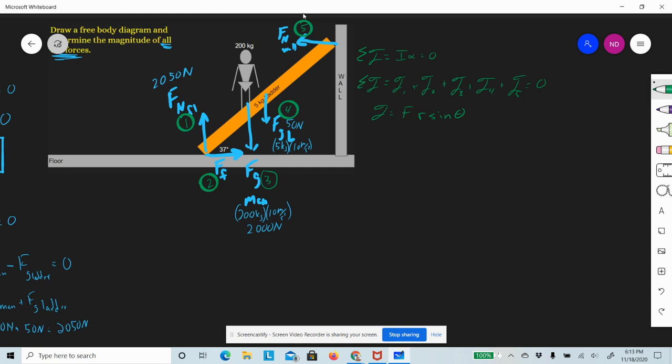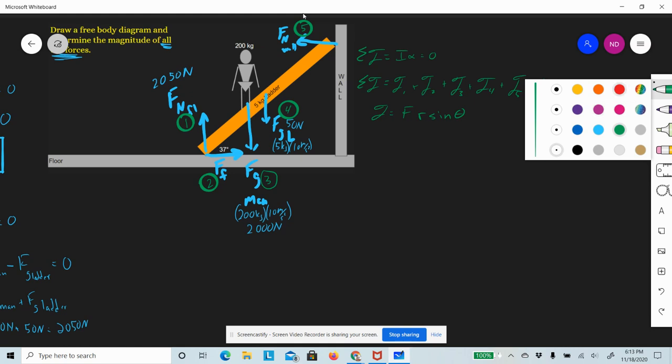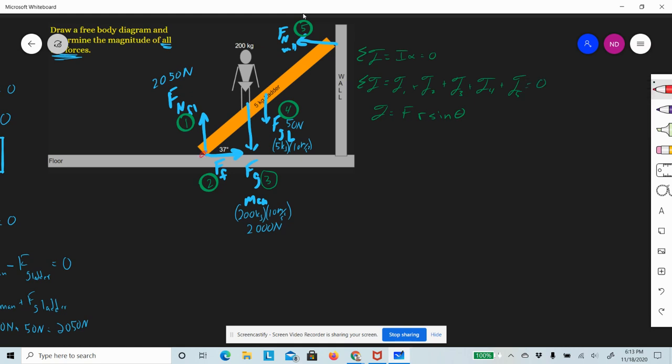So for torque 1, well, actually, back up, make a pivot point. If we make this our pivot point, which definitely makes sense, then R for both of those forces is 0, and 2 of those forces will vanish.